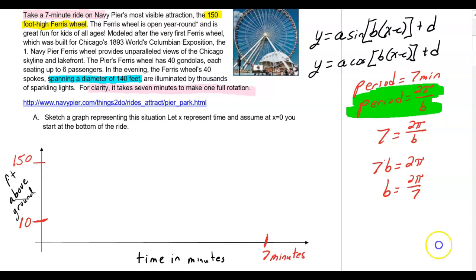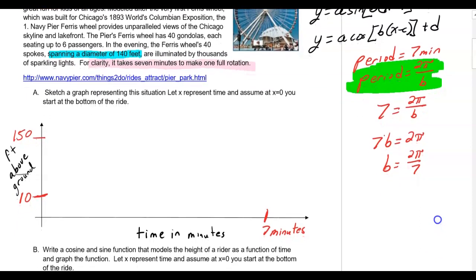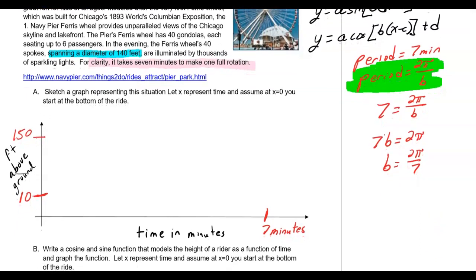And looking at part B of the problem, we need to make an assumption about where we start. It says let x represent the time and assume at x equals 0 you're at the bottom of the ride. So we're going to start at the bottom of the ride at (0, 10). We know it takes 7 minutes for a complete revolution, so another point is (7, 10).